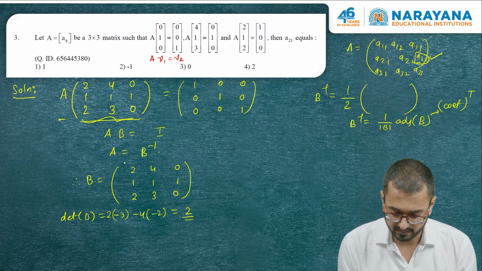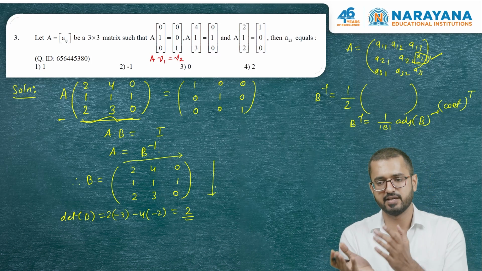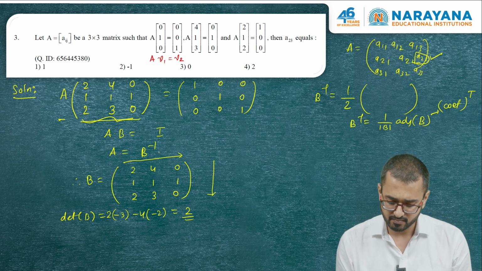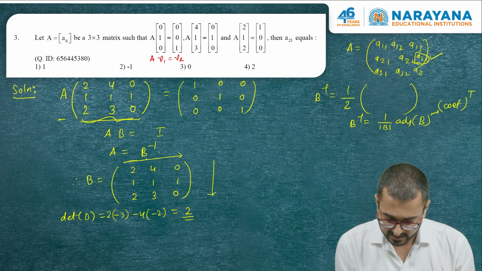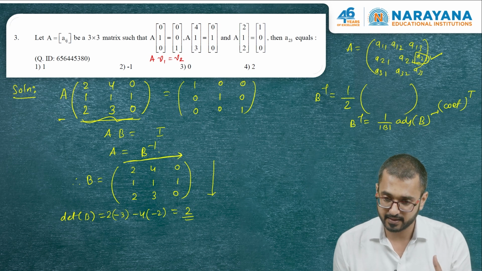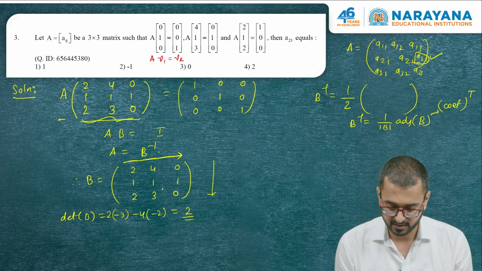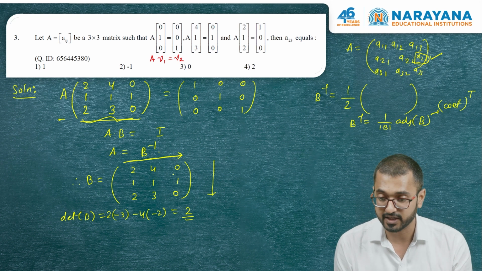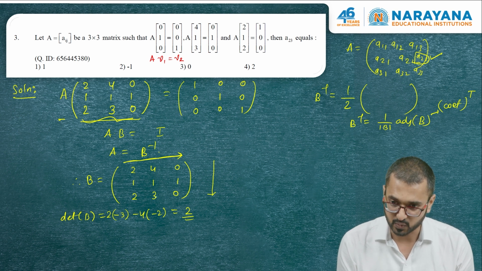That means we will see the element like this and then write it down in the transposed position, because it's their transpose, nothing else. If I want A23 in the inverse, then I have to see the cofactor for A32.